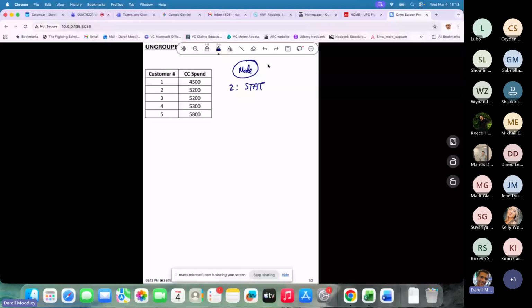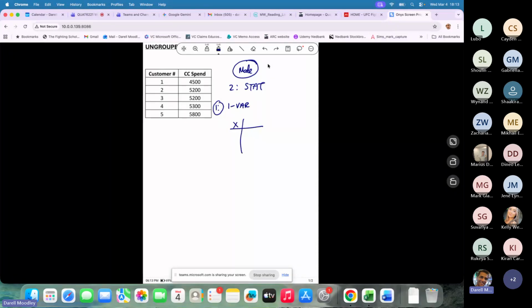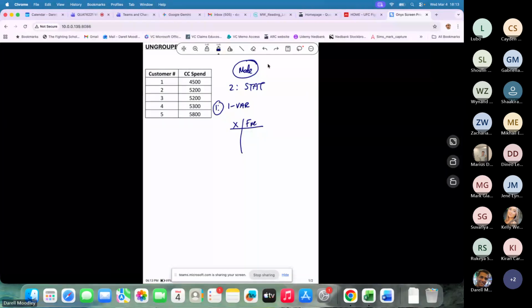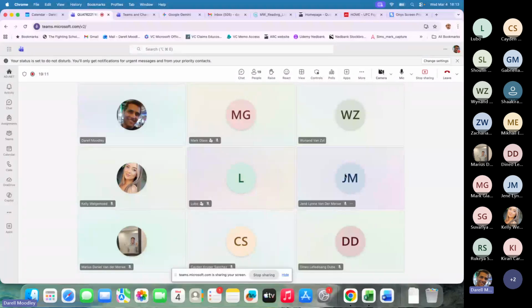It should be the same on yours. Then find the option that says 1-variable, which should be option 1. If so, press 1. Now everyone should see a column with X and a column with frequency. If no one sees that, let me know. I'm assuming everyone's good.